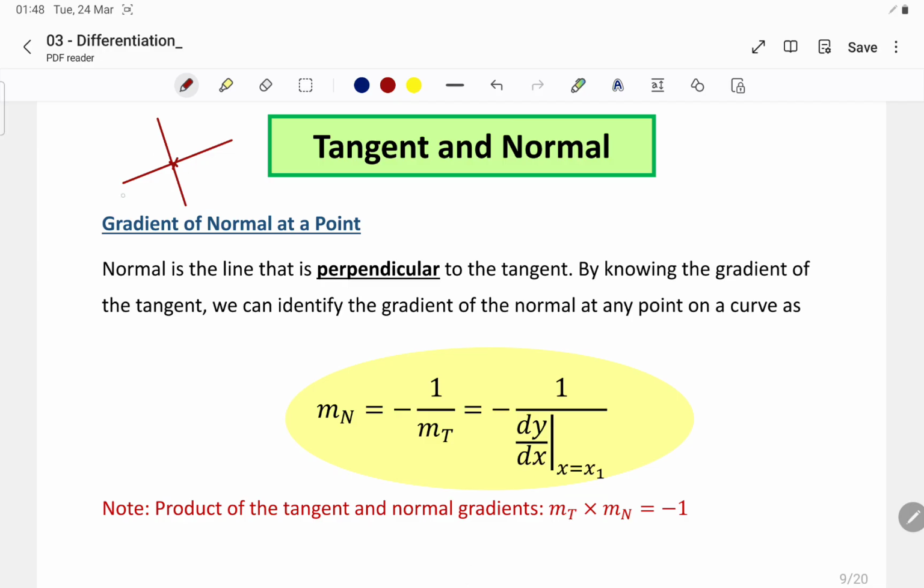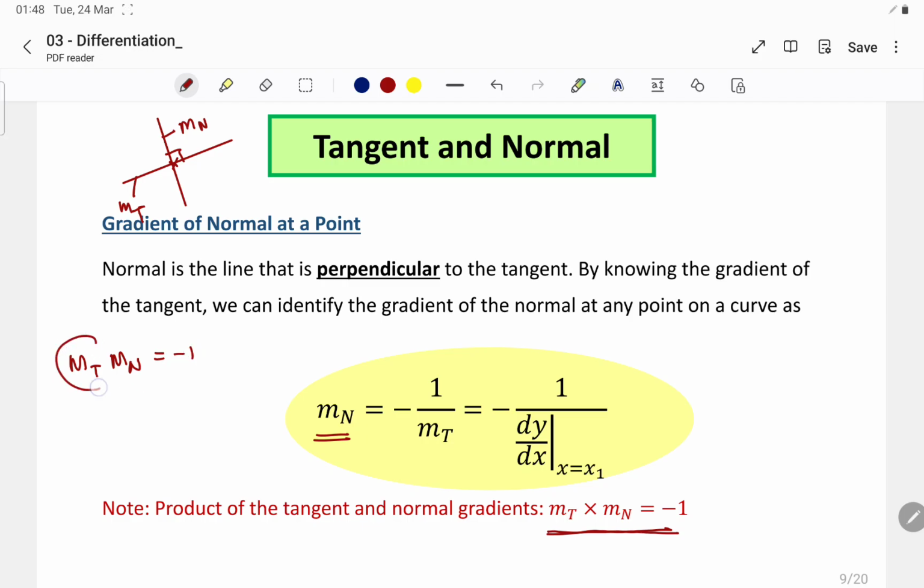Let's say we already got mt, so how to get this gradient of normal, which is mn? Remember that this is perpendicular, so we can use mt multiplied by mn equal to -1 because it is perpendicular.